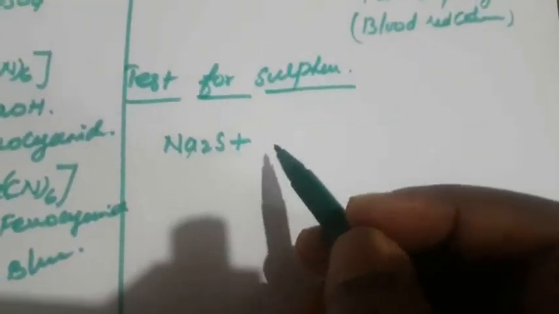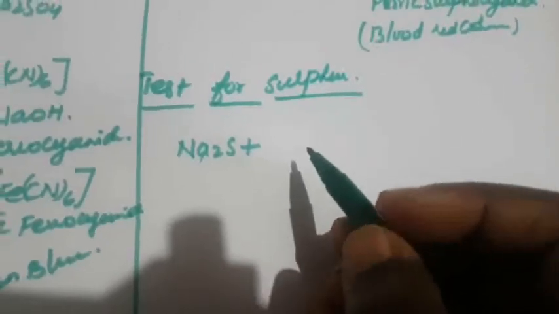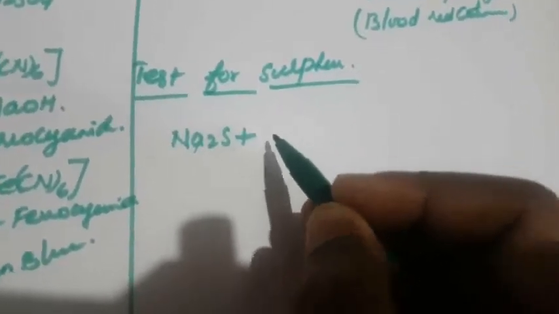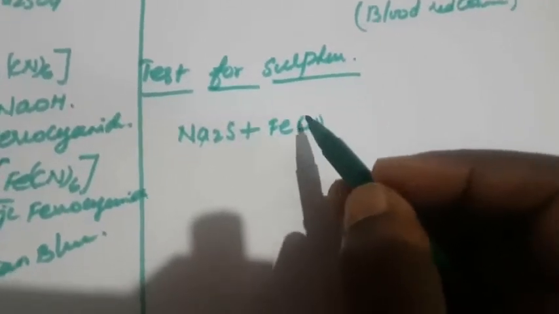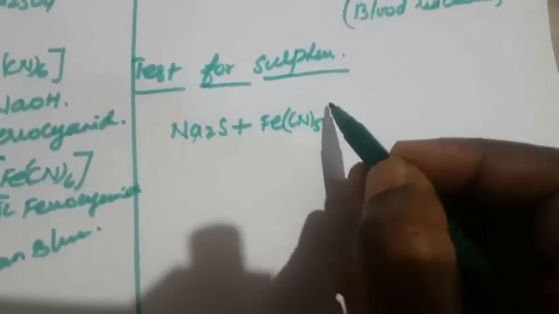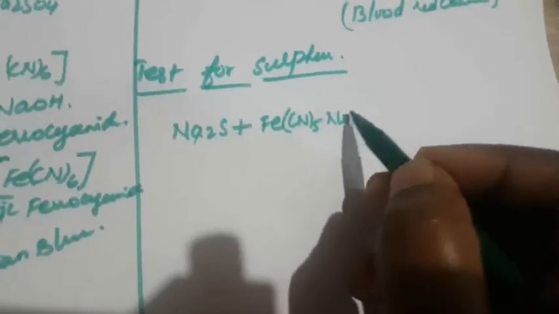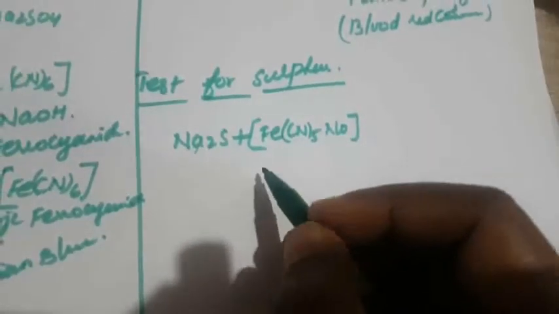This is freshly prepared, for the sodium extract, where the sulfur is present. What is sodium nitroprusside? Na2[Fe(CN)5NO], sodium nitroprusside.